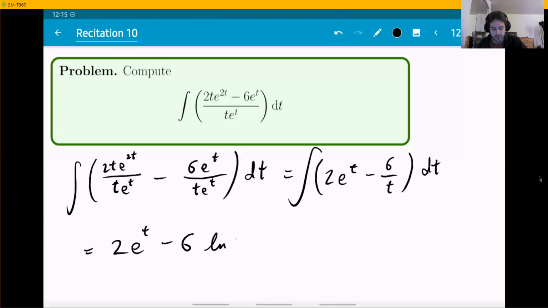Well, remember, it's not just ln of t. This is what it is if t is positive, but because we don't know in this integral, we have to write absolute value. When t is negative, that function also gives you 1 over t after differentiating. So we have to put this absolute value there. This is one antiderivative. And finally, what the symbol actually means is all of the antiderivatives. You have to include a plus c. That's the answer.